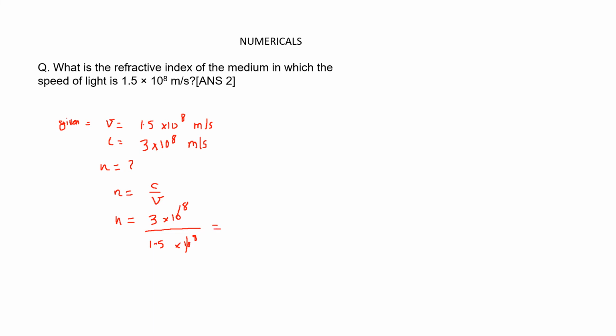To remove the point, it is very simple. Just put a 0. After the point, how many numbers are there? One number, right? So after 3, I am going to put a 0. That's it. So 30 divided by 15 is 2. So the refractive index of the medium is 2.